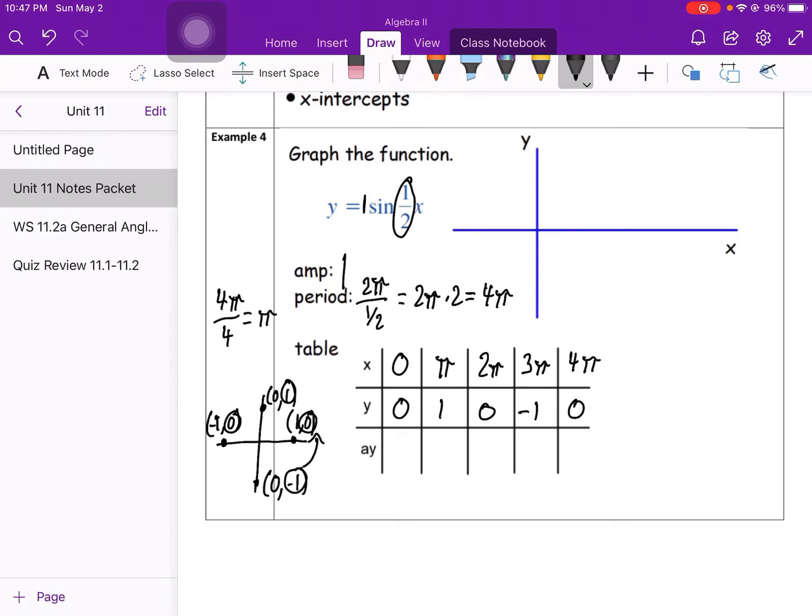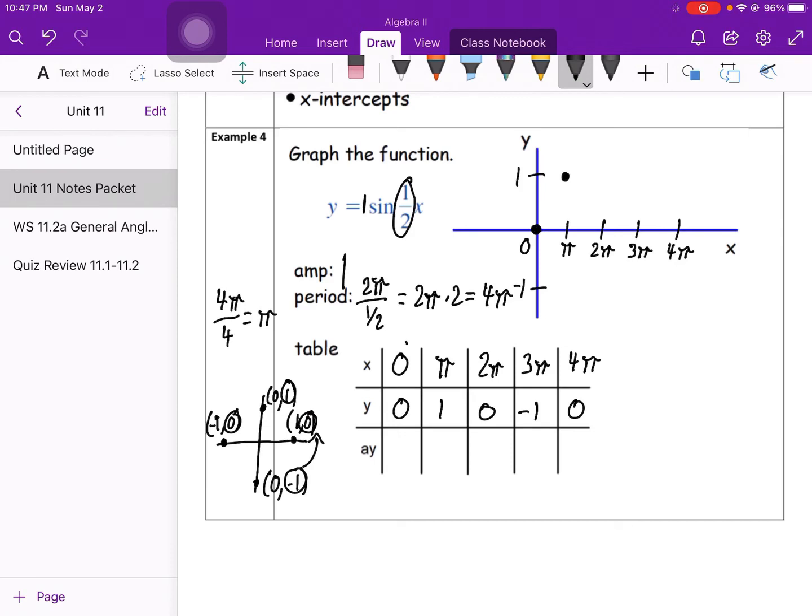So this time we're starting at 0, 0, and then we are counting by pi this time rather than by pi over 2 in the last one. So this one, it's 0, pi, 2 pi, 3 pi, 4 pi. And then our highest and lowest points in the y column are 1 and -1.